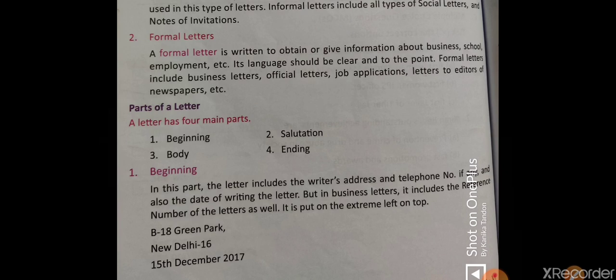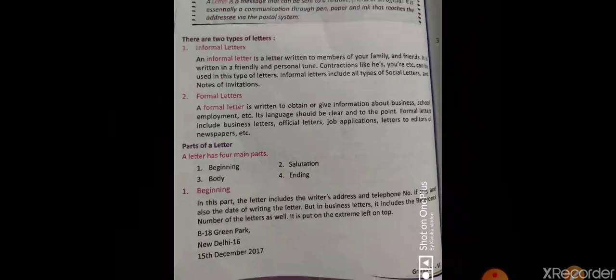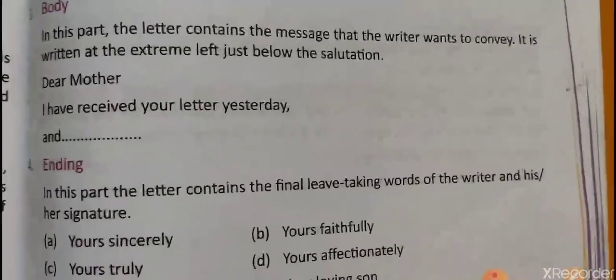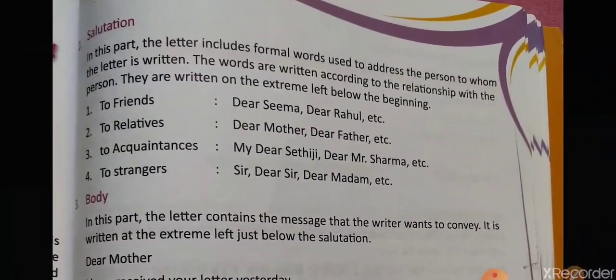But business letters include the reference number of the letter as well. Coming on to the second one, that is salutation. To whom we are writing, we have to salute them and greet them. If we are writing to our mother, we will always greet her well, and then write whatever we want to write in that letter.